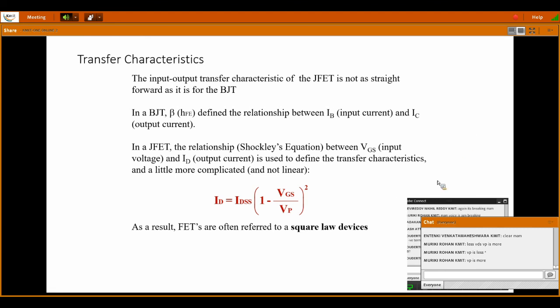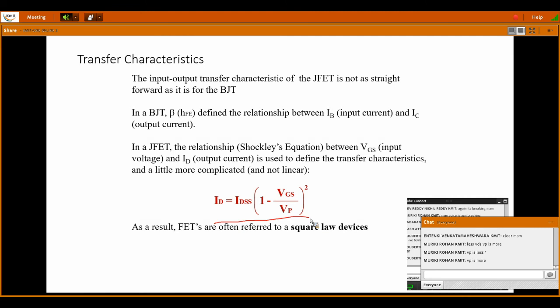And the equation for the drain current is ID is equal to IDSS, that is drain to source saturation current, into 1 minus VGS by VP whole square. As a result, FETs are often referred to as square law devices.